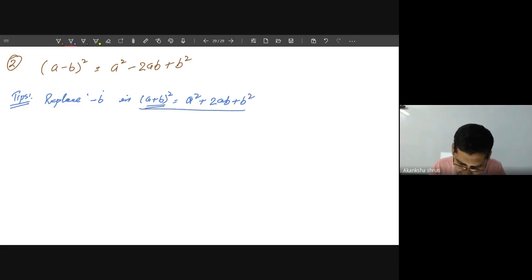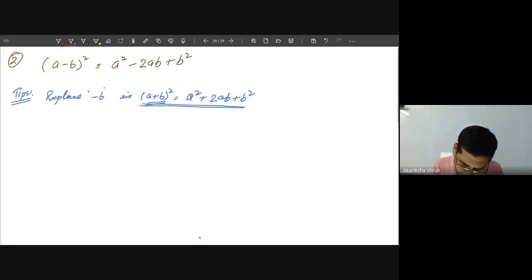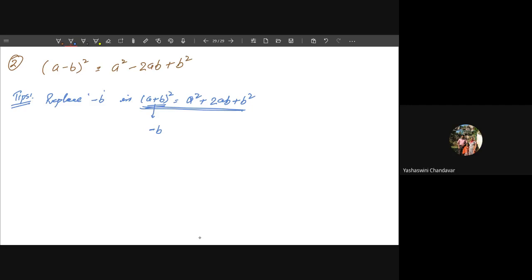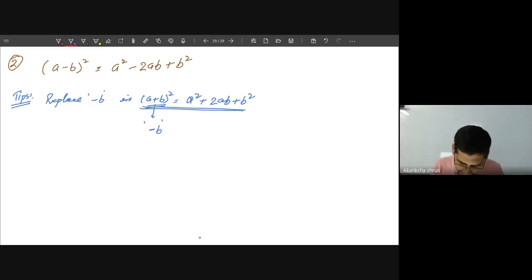This is the identity. Then how to get (a minus b) from this one? Students, here in place of plus you have to use minus, which means it is minus b. If you want to get (a minus b) whole square, it simply means a is added with minus b, this much whole square.